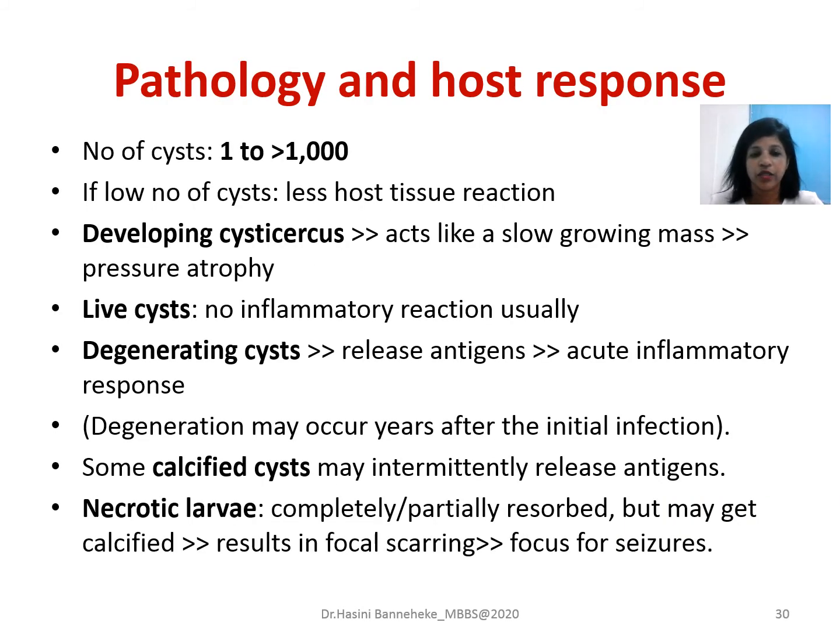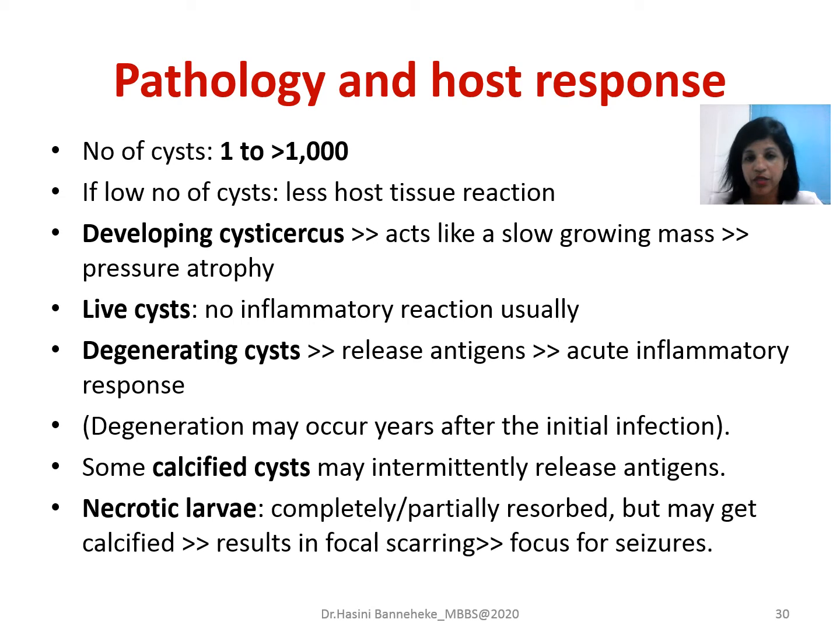So now let's see the pathology and host response to this infection. Generally the number of cysts varies from 1 to 1000, and when there is a small number of cysts in the tissues, there is not much host reaction. When we ingest the egg, they start growing and encysting.